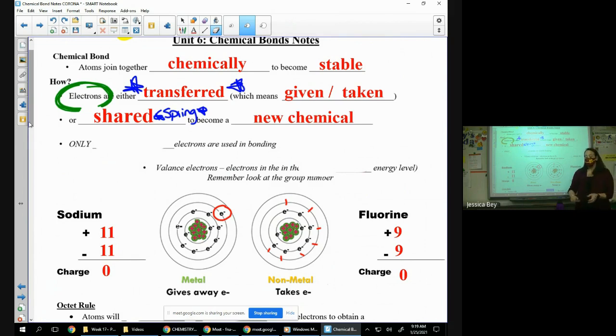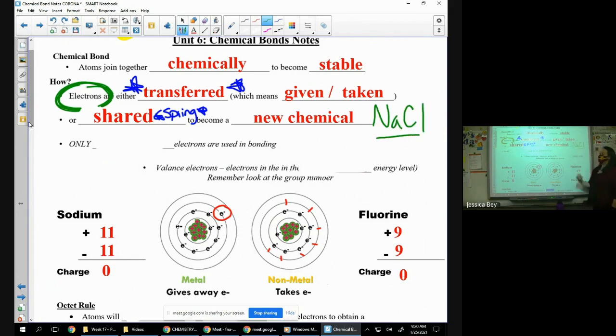Just like we talked about in the matter unit, salt that you put on your French fries is made of explosive sodium, if you remember from last unit when we threw it into water, and chlorine that can kill you, right? Salt is made of NaCl. Both of those are deadly. However, you're not afraid to put a little salt on your French fries. It's delicious, right? Because once they join together, they're a new chemical.